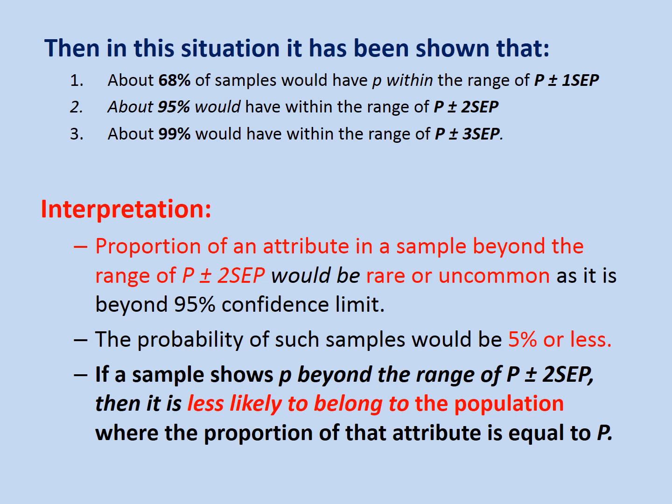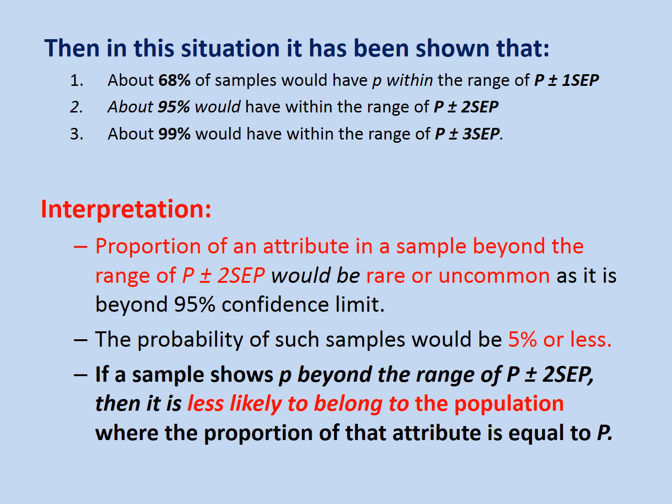If you apply the 95% confidence limit, that means 95% of your sample proportions will lie between these two points, that is P plus or minus 2 standard errors of proportion. And if you take the 99% confidence limit, then 99% of the sample proportions will fall within the range calculated using capital P plus or minus 3 standard errors of proportion.